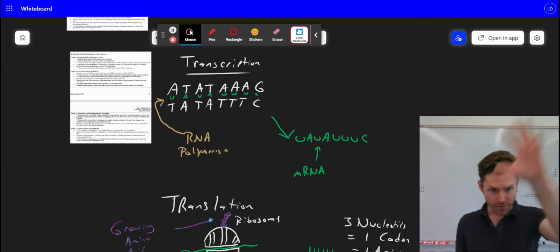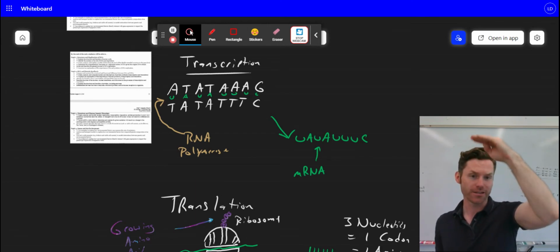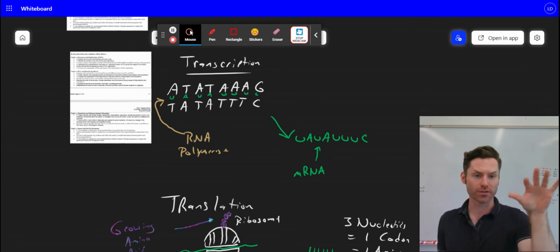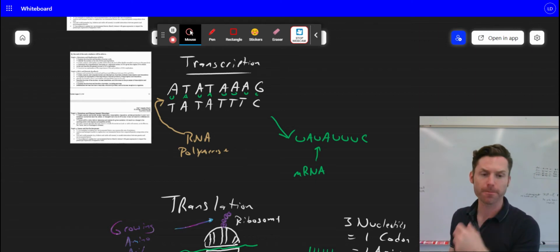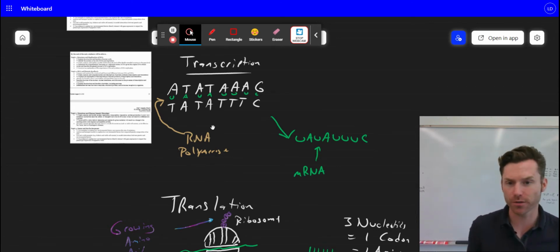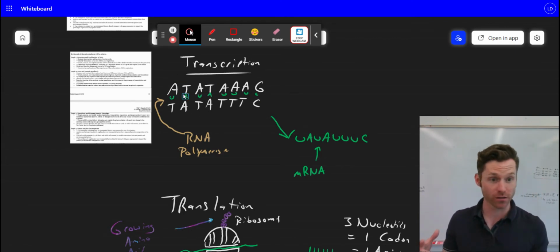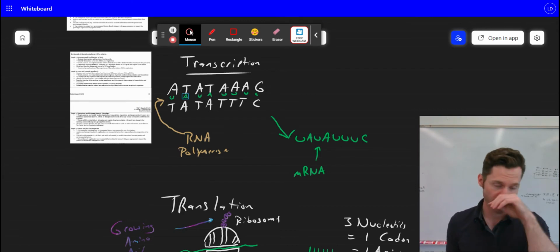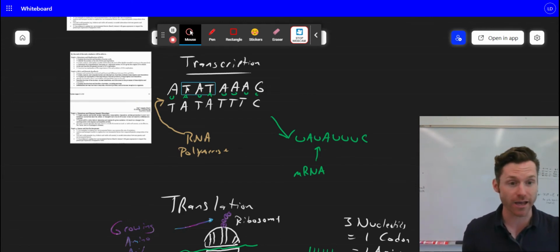So the first step in this whole process, taking DNA, reading it, using that information to build RNA, is called transcription. And it's achieved primarily by an enzyme called RNA polymerase. The RNA polymerase goes in, opens up the DNA strand at a specific gene that I want to turn on, and it reads one side of the DNA.